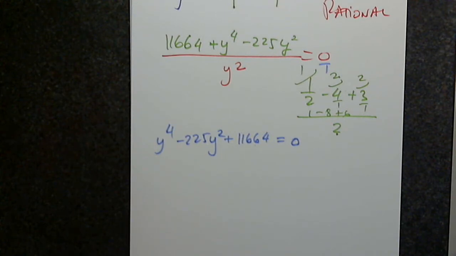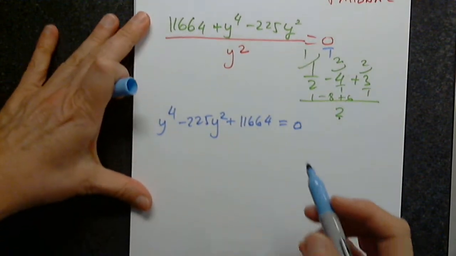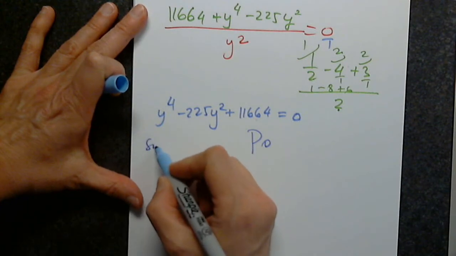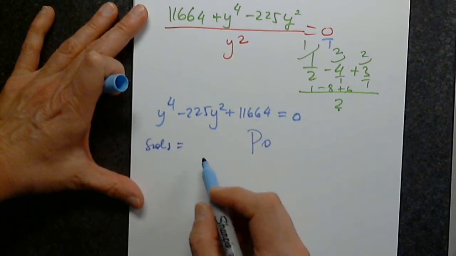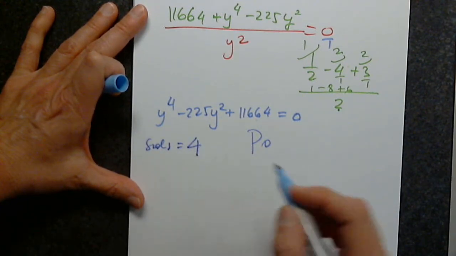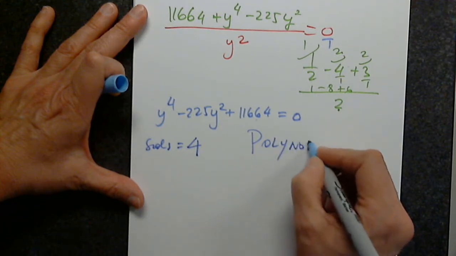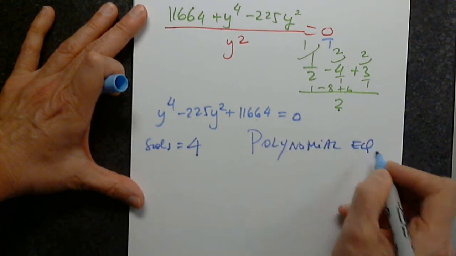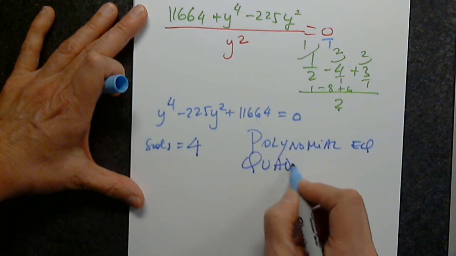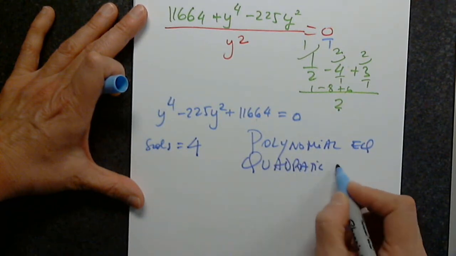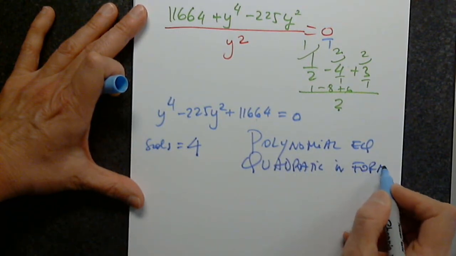It doesn't have a denominator in it. It's quadratic in form and also polynomial. Very good. How many solutions? For sure. How many? 4 indeed. So it's a polynomial equation, but also quadratic in form. Excellent. It's coming back.